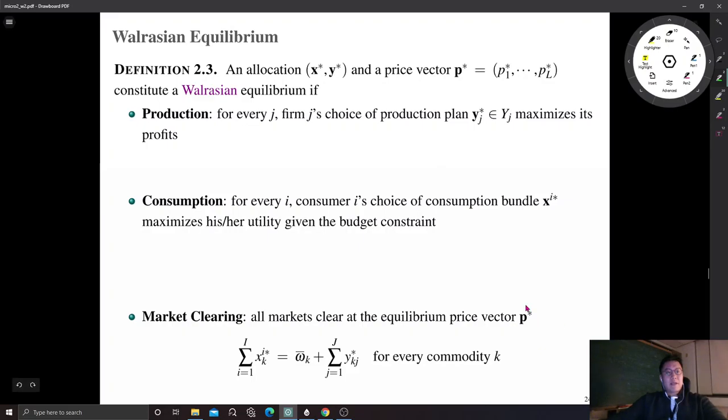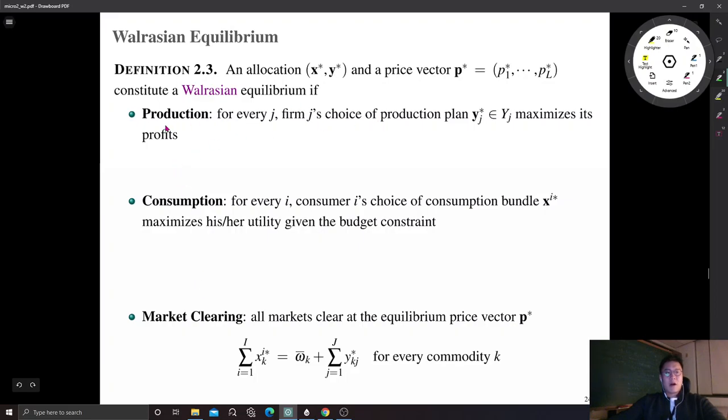All right, and then next, let me define Walrasian equilibrium. So now we have two elements in the economy: one allocation, the consumption plans and production plans for each consumer and for each firm, and a price vector, the price of each commodity from 1 to L. These constitute a Walrasian equilibrium if these three components satisfy these three conditions.